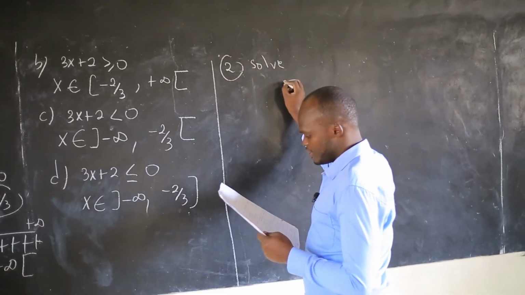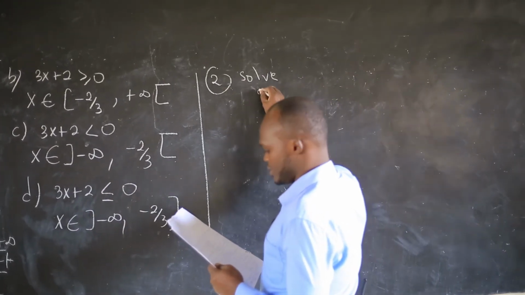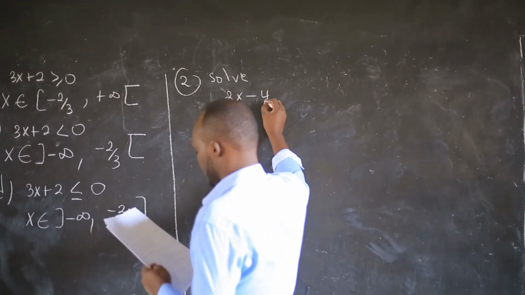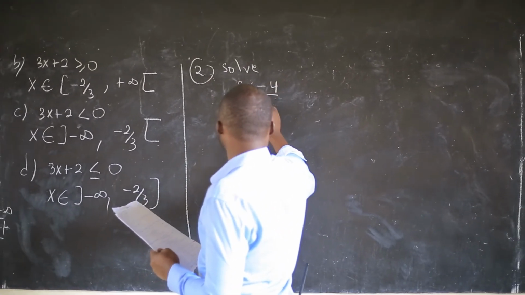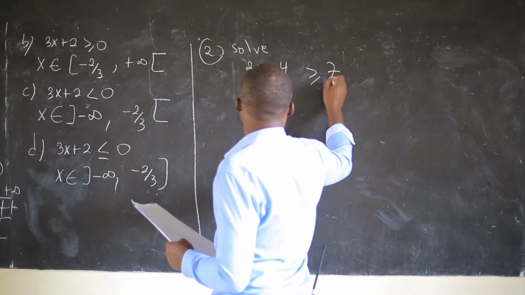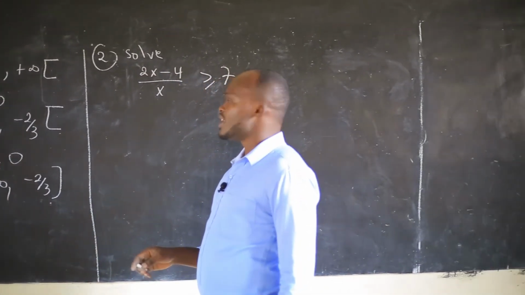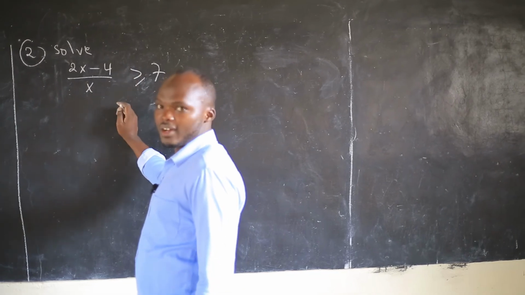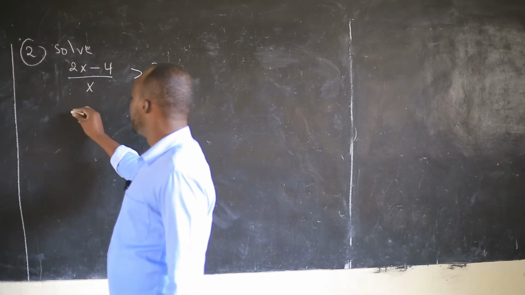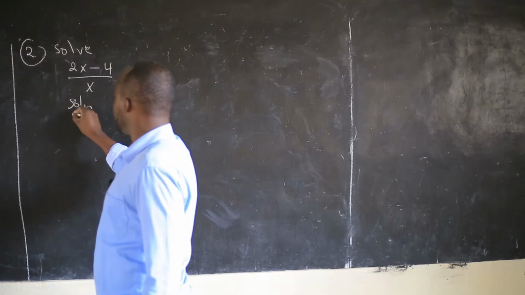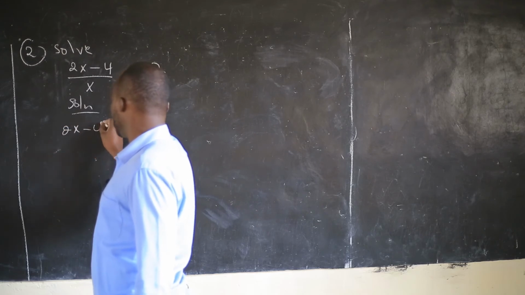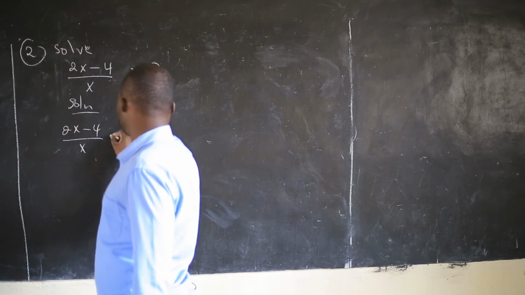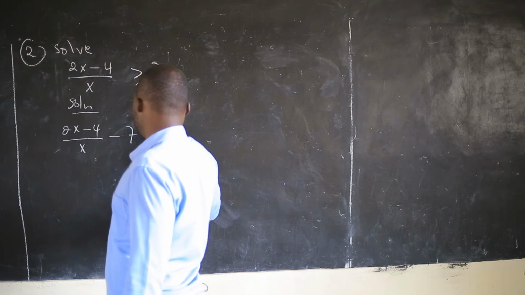2x minus 4 divided by x greater or equal to 7. How can you solve that? The way you do that, I first bring this one to the left-hand side. So now it becomes 2x minus 4 divided by x minus 7 greater or equal to 0.